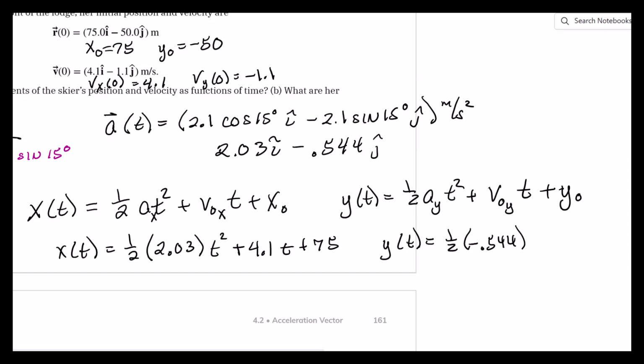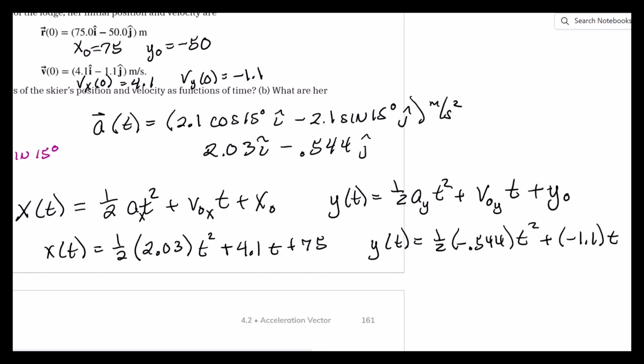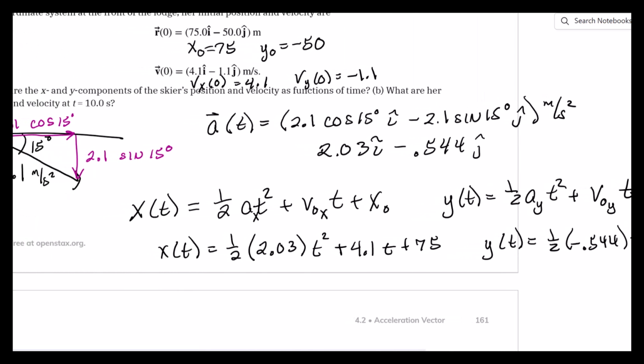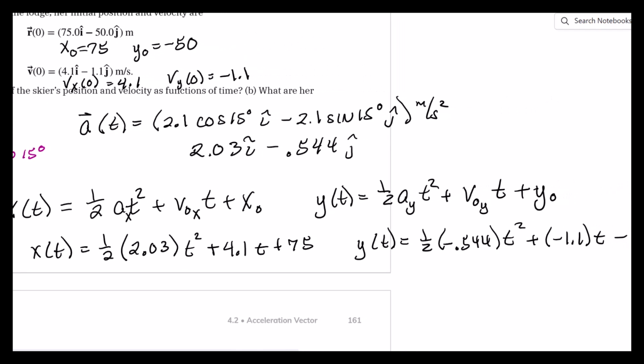Just apply the negative if it happens to be negative. This is good because it forces you to know what's going on. Like look, it's slowing down. It's negative acceleration. So those are our positions as a function of time.